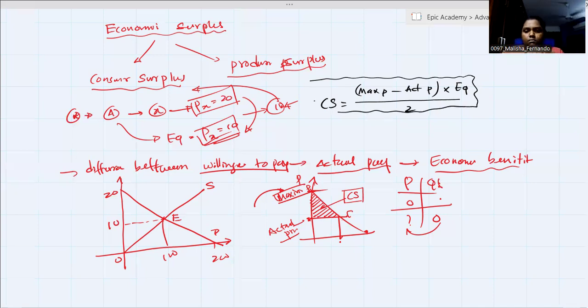Again, I will say that CS equals maximum price minus actual price, close the bracket, multiply by equilibrium quantity, and divided by 2. So the mathematical approach is also accepted in economics.